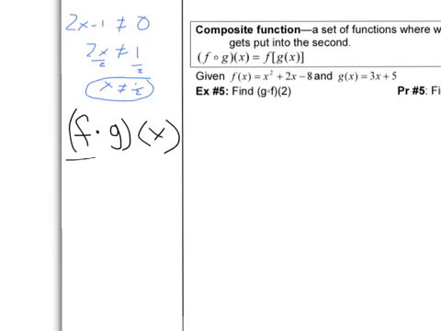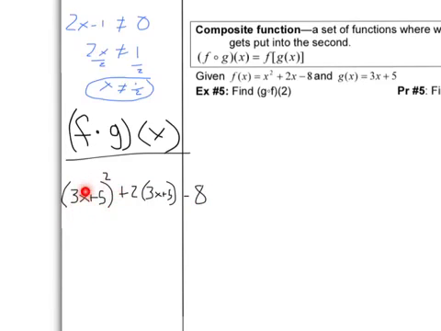I probably won't simplify it out because it's just going to be too crazy, but we take the function f of x, and everywhere that there is an x, we're just going to leave a big blank in parentheses. And now I can take this 3x plus 5, which is my g of x, and I'm going to plug that in. So g of x is 3x plus 5, so I plug in a 3x plus 5 here, 3x plus 5 here. And now you have this whole crazy thing.